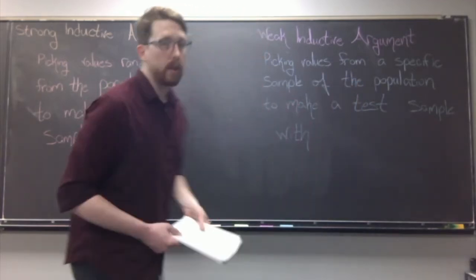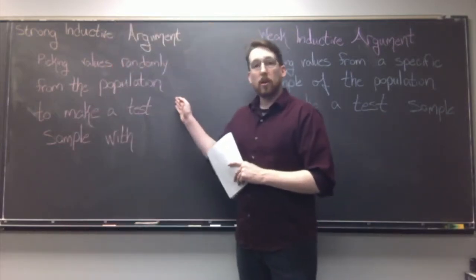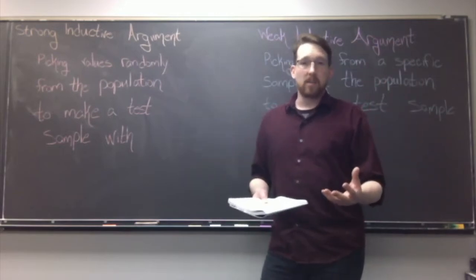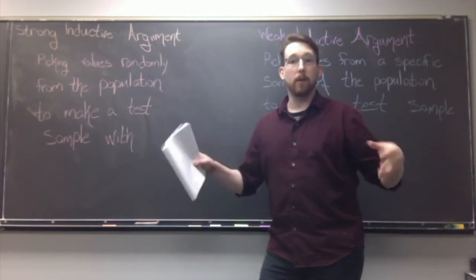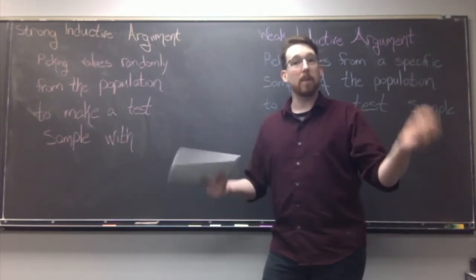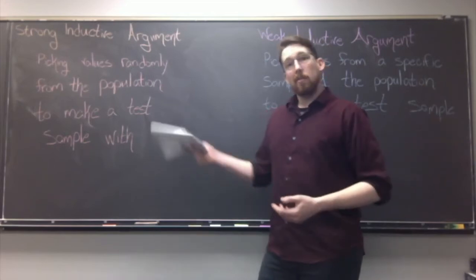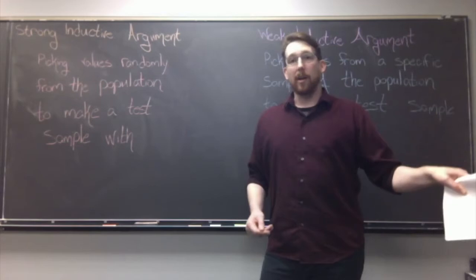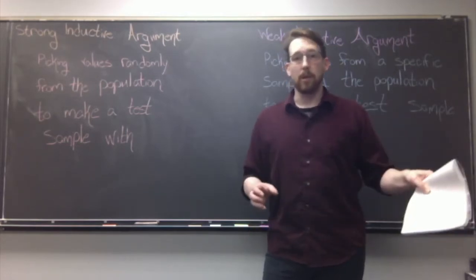The strong inductive argument is the case of saying, I've got this bag of things, I'm not going to put any constraint on how I pick from this bag to create my test sample. I'm just going to pick them out randomly. Quite literally what the definition is, right? We're going to randomly select from the population to create our test sample.